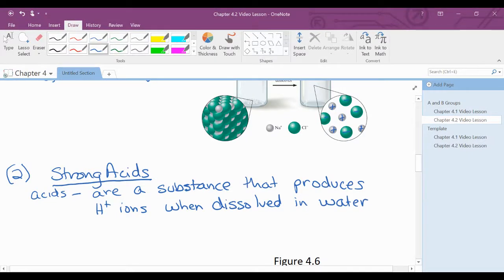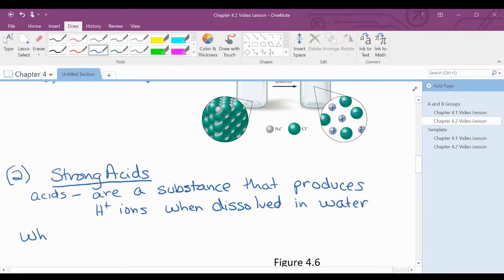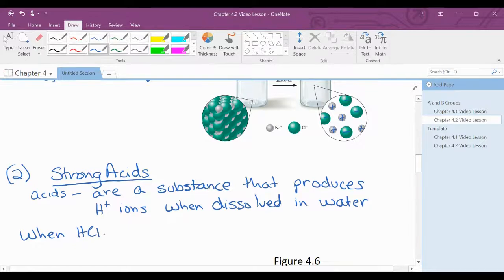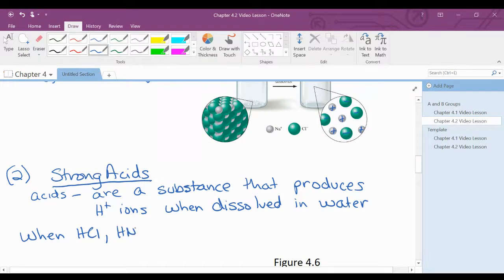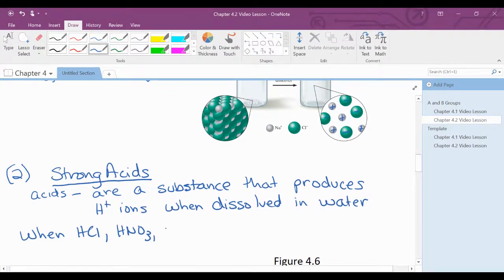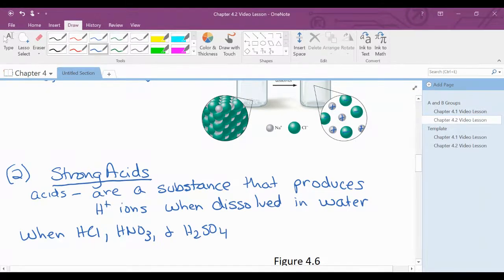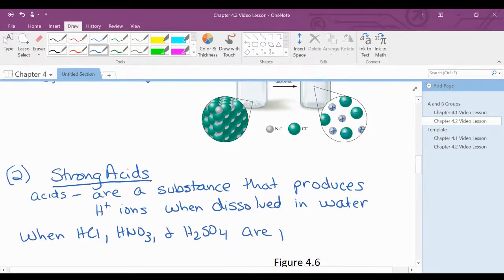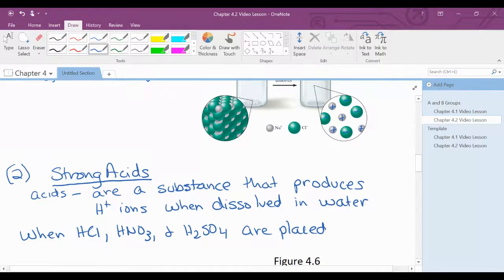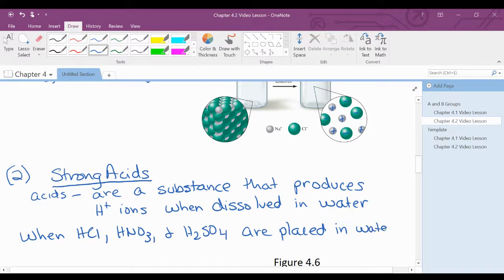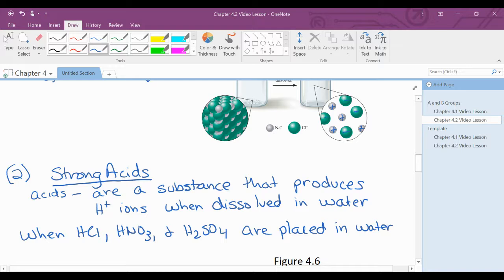So when hydrochloric acid, nitric acid, and sulfuric acid, these are just 3 of 7 strong acids I'm going to use today, are placed in water, virtually every molecule ionizes, forms ions in solution.